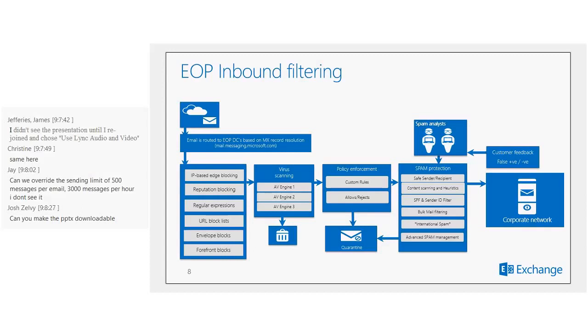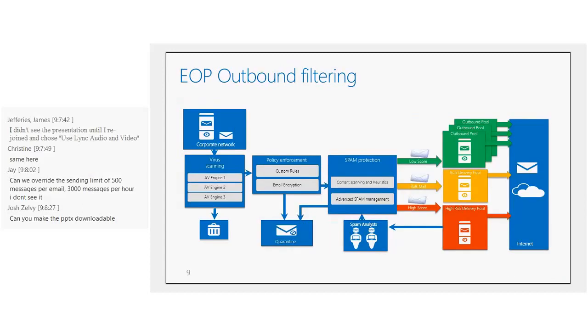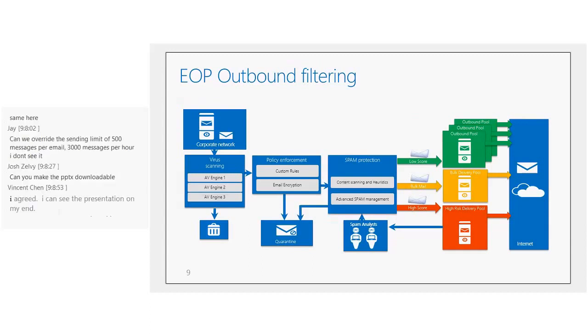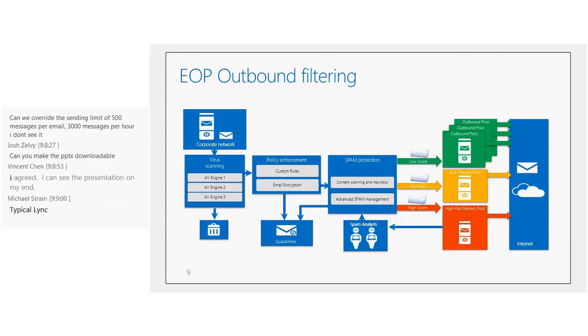All right. So let's talk about the EOP outbound filtering. Now that we have spoken about the messages coming inside your organization, what happens if you're sending it outside? A couple of things remain the same here. When the message is first sent externally, the first thing that will happen is the virus scanning, because you want to make sure that it doesn't have any outbound viruses. So we'll make sure we do that and then send that across.